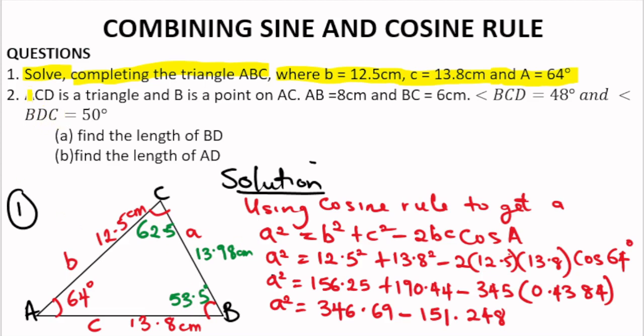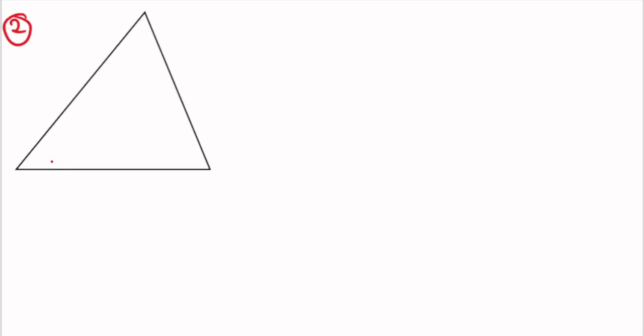Moving to question number 2, it says ACD is a triangle. The first thing we're going to do is draw the triangle and label it A, C, and D. Now let's move to the question again.